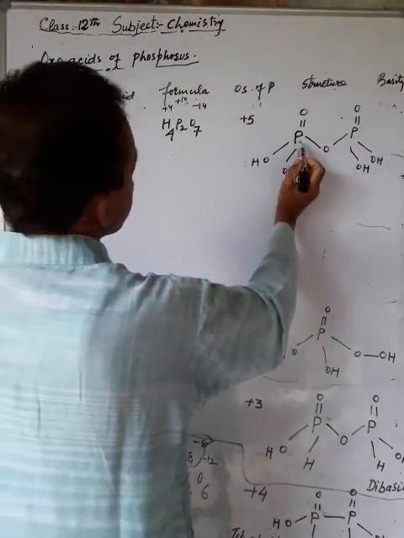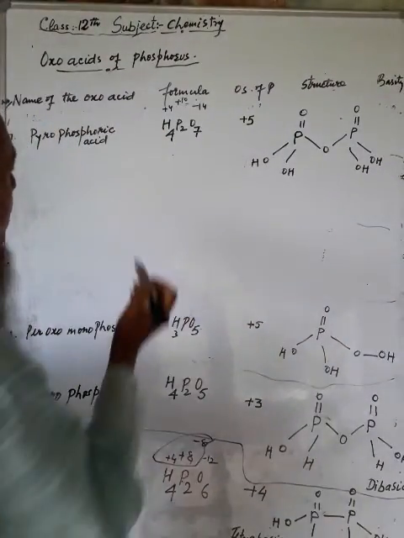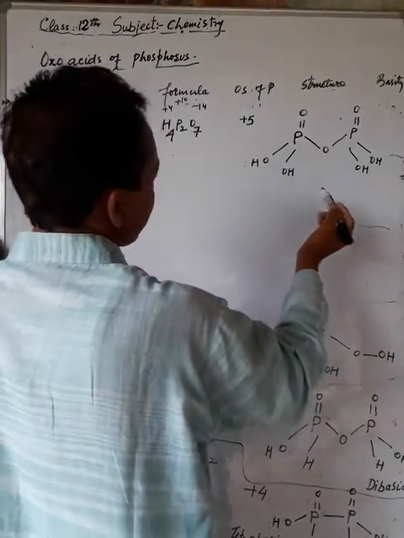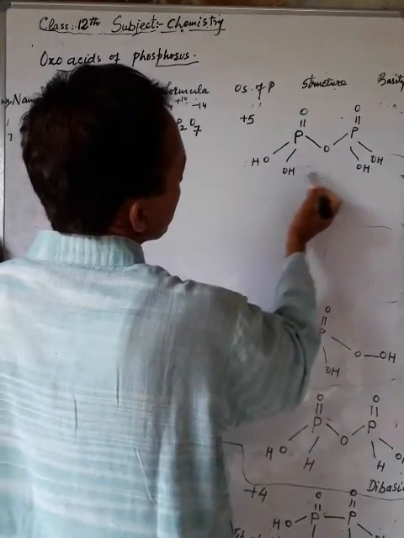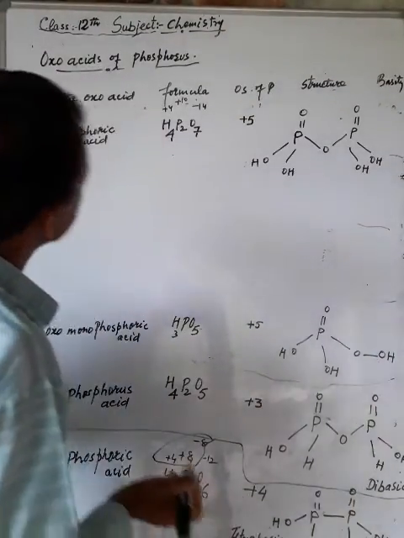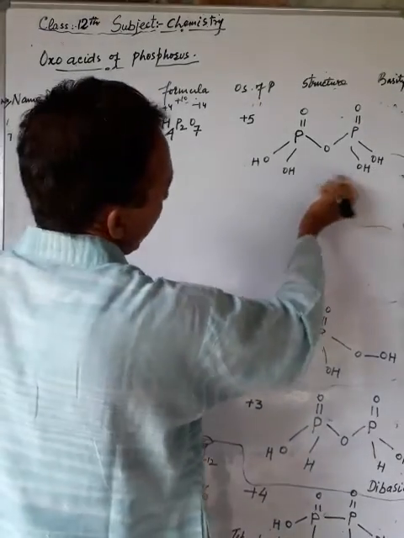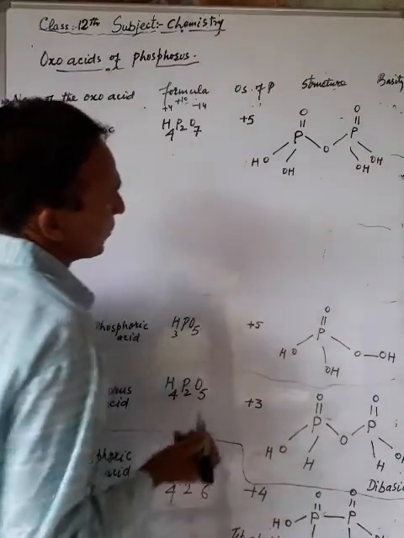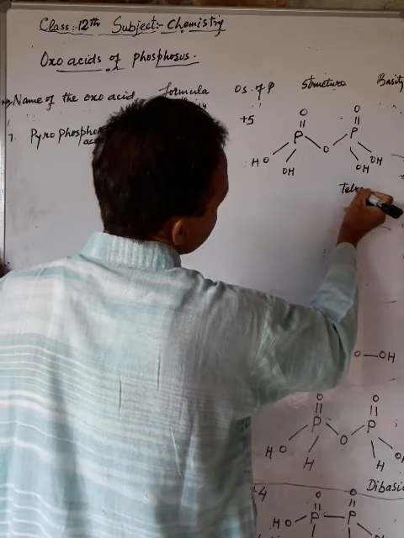It is H4P2O7, 1, 2, 3, 4, 5, 6, 7. So in H4P2O7, that is pyrophosphoric acid, we have 4 OH groups linked to the 2 phosphorus atoms, so it is tetrabasic.